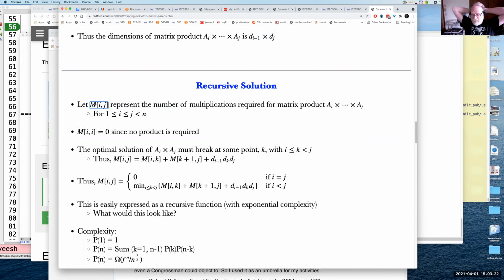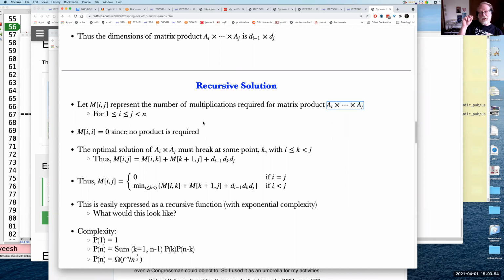I want to solve the distance. I'm going to write a function that counts how many multiplications are required to multiply out A1 through A10. I want to know, if I were to multiply just A3 through A8, how many would that be? I'll call my function M of 3, 8. M of 3, 8 is how long it takes to multiply matrix A sub 3 up through matrix A sub 8.